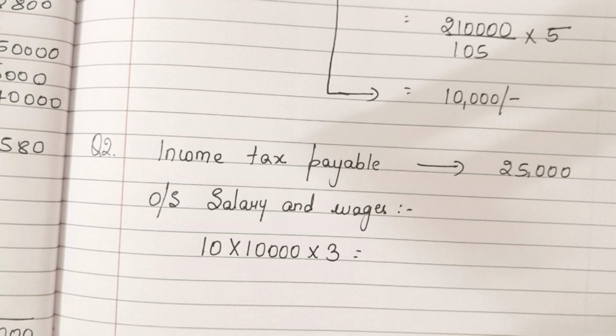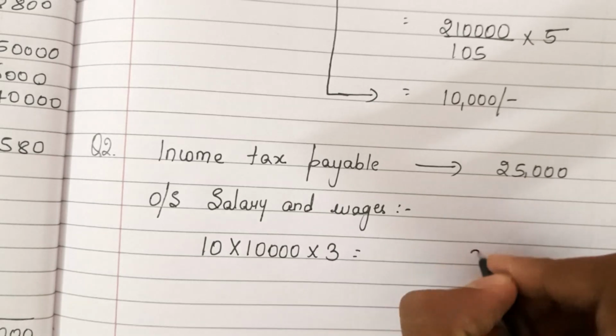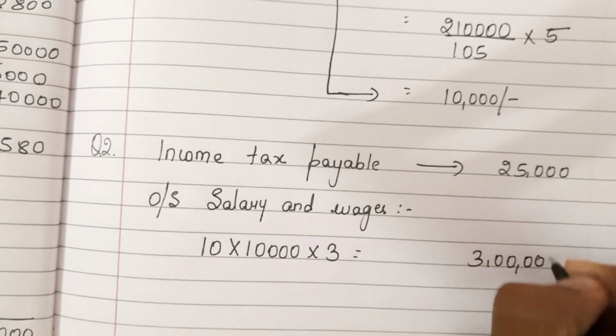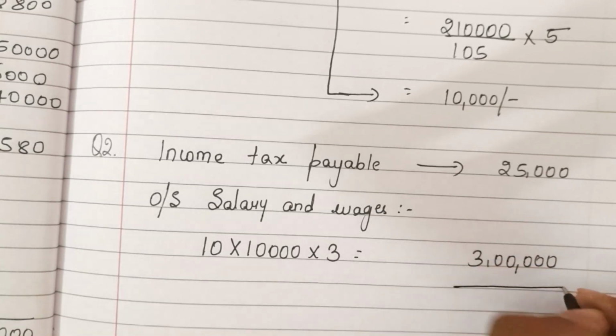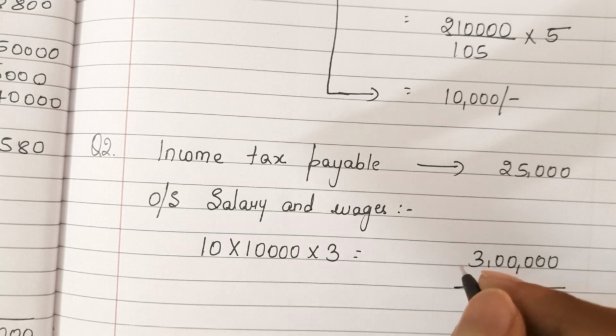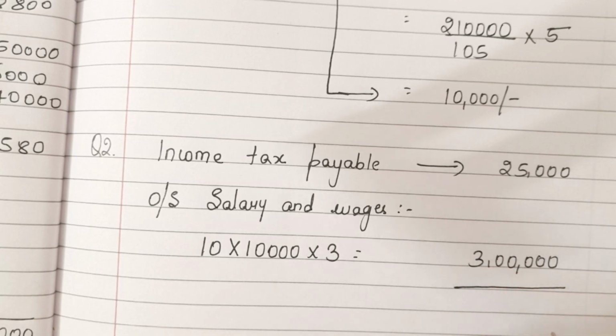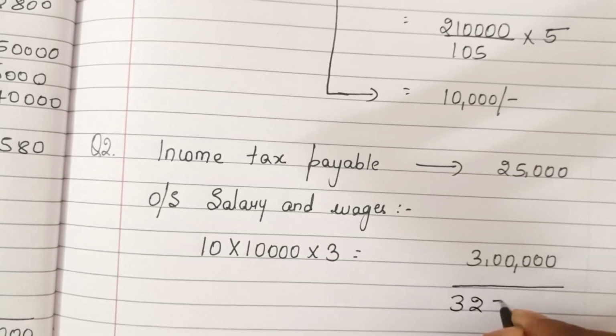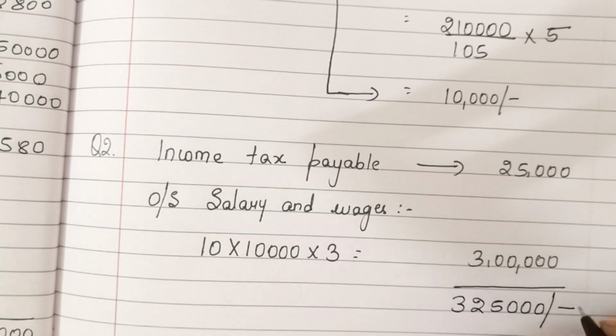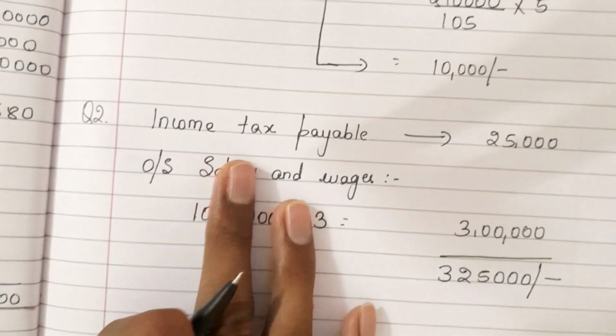So 10 into 10,000 into 3 will be 3 lakh rupees. Remuneration to officers will come under unsecured creditors, and they have asked us to prepare only the preferential creditors statement. So when you add 3 lakh plus 25,000, it will be 3,25,000 rupees. This is the amount of preferential creditors.